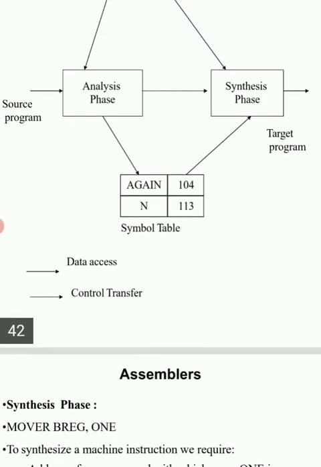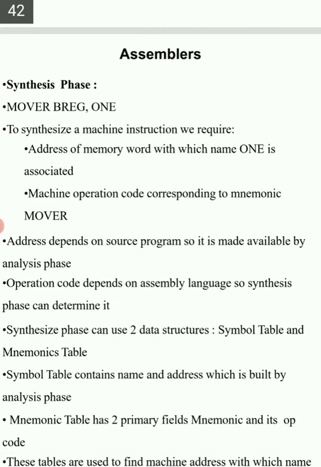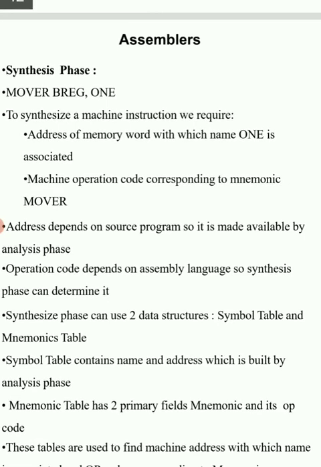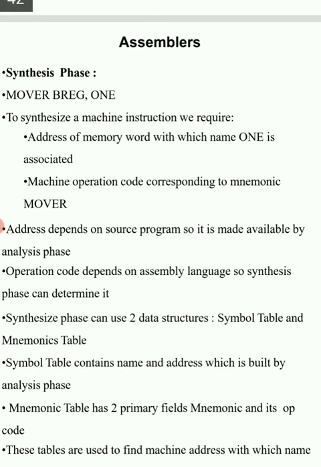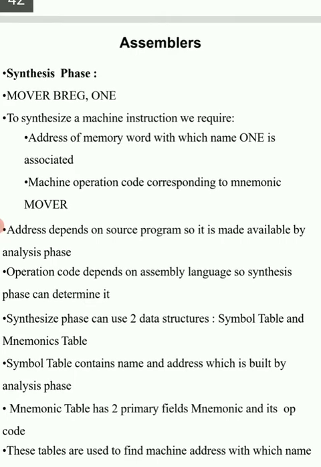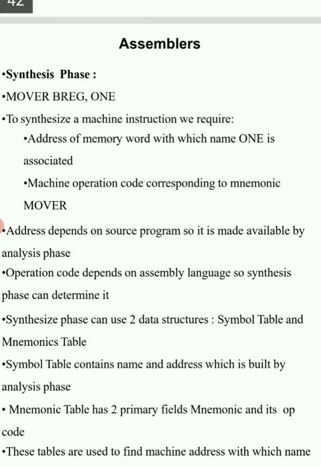So here we can see the synthesis and the analysis phase. In synthesis, if we are using an instruction like MOVER, BREG, ONE, to synthesize a machine instruction we will require the address of the memory word with which the name ONE is associated.